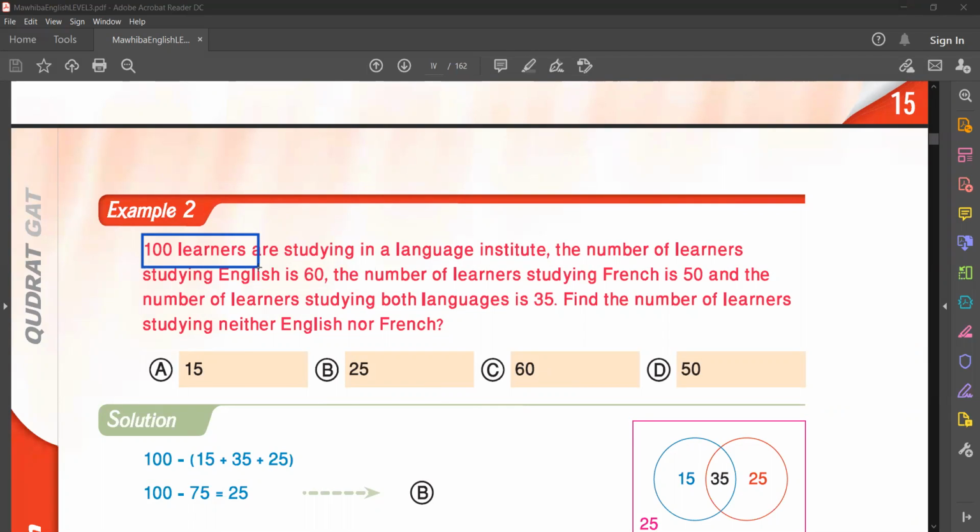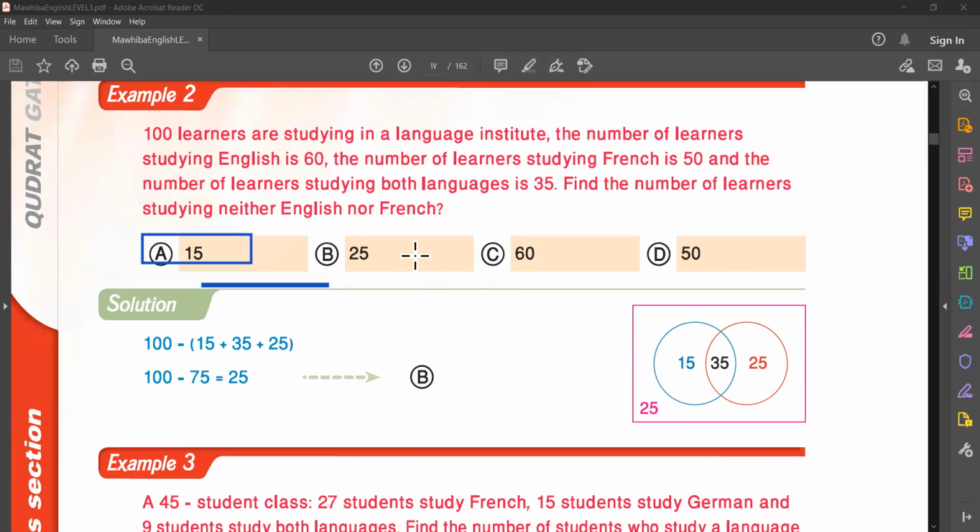Here, all the students are 100 learners, and the number of learners studying English only is 60. Okay, we draw the diagram, and I think the diagram is ready, so we explain it with this diagram.